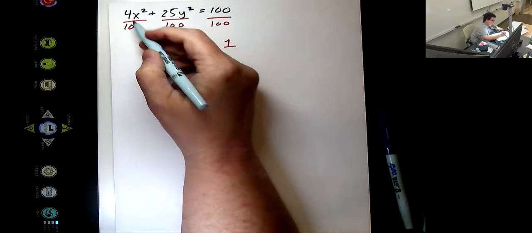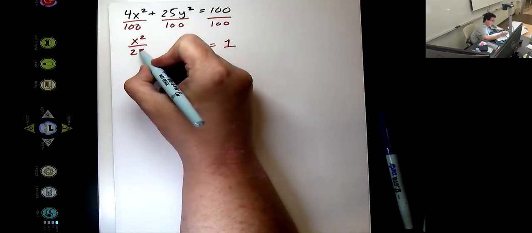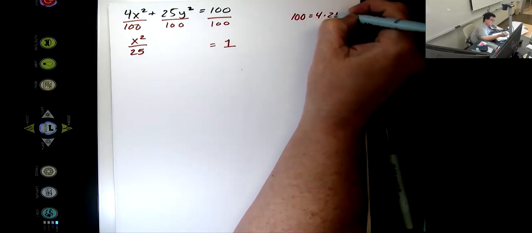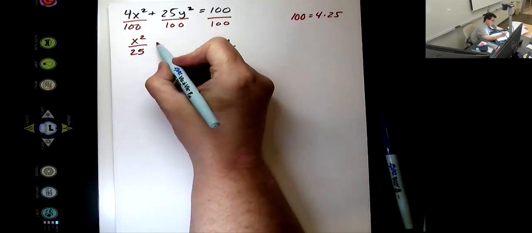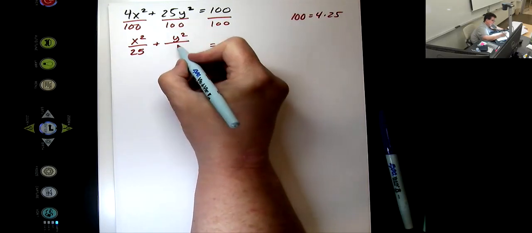If you do that, the 4 goes into 100 25 times, and you're left with 25 on the bottom, because 100 is 4 times 25. And for the y squared, the 25 on the bottom will cancel, and we're left with a 4.